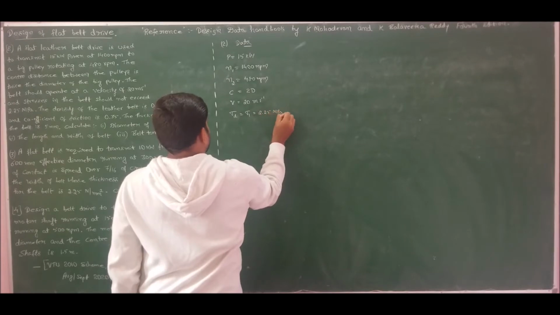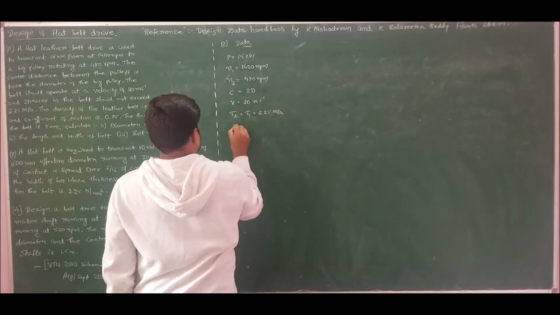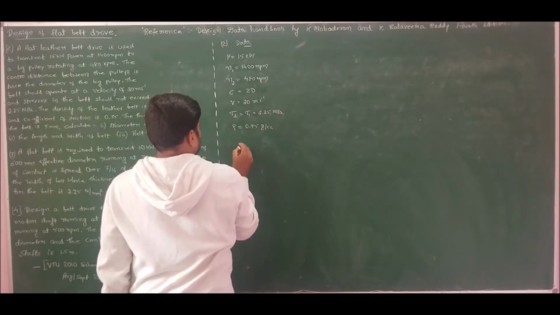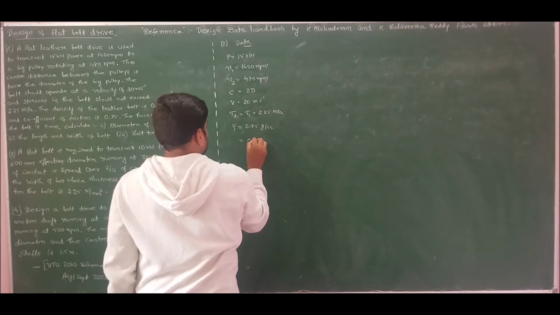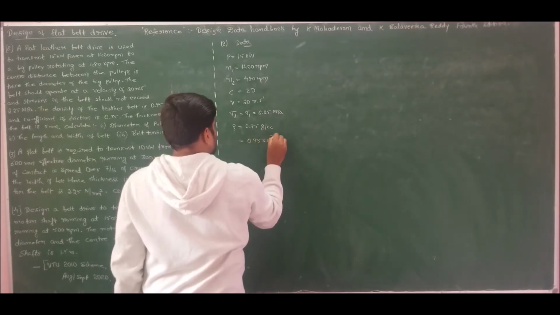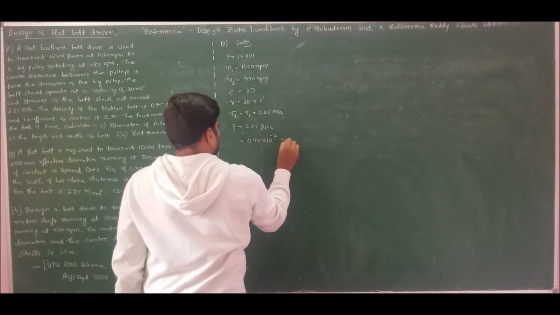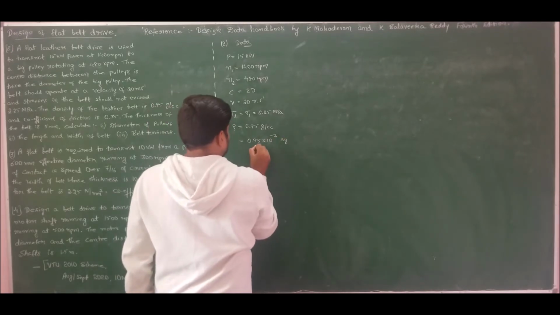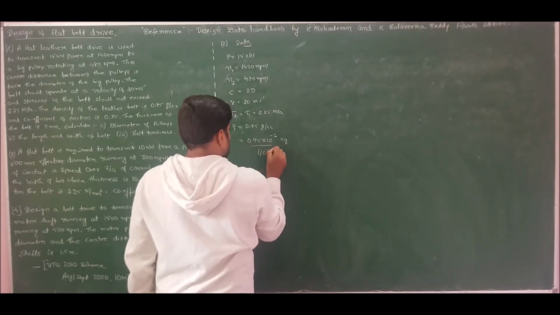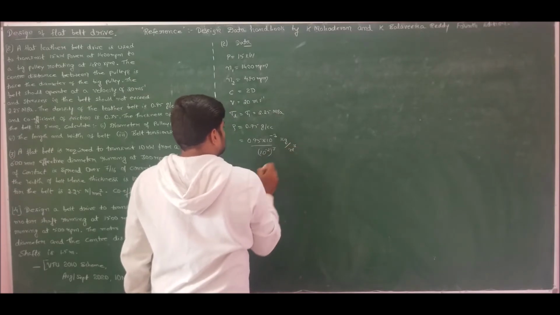The density of leather belt is specified as 0.95 gram per cc, which means 0.95 multiplied by 10 to the power of minus 3 to convert into kg, and cc stands for cubic centimeter, so 10 to the power of minus 2 whole cube gives us this in kg per meter cube.